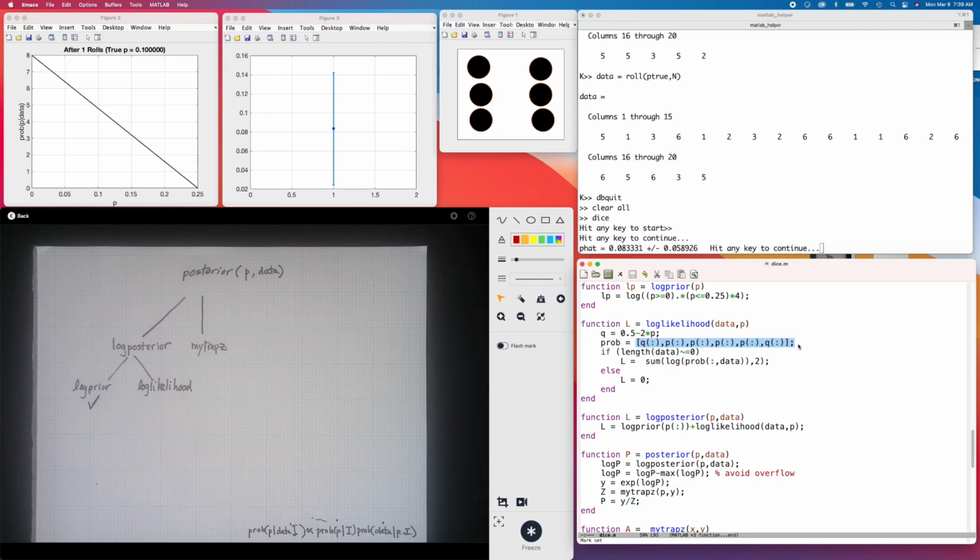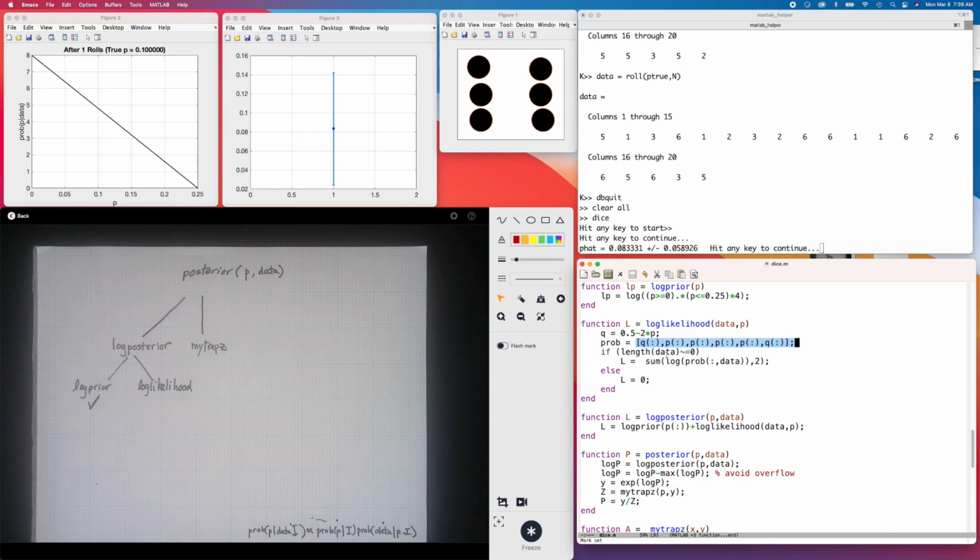If I rolled a 2, for example, then the probability of 2 is going to pick out the second number inside this probability distribution, so it'll pick out this value, which is p. If the first data is 6, then it'll pick out the last value, which is q.